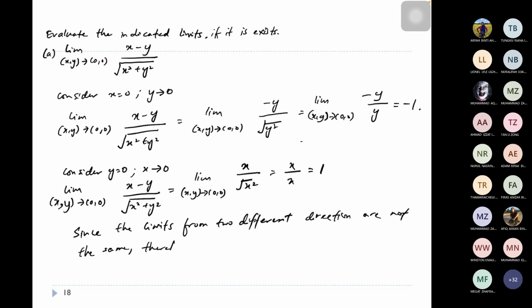Therefore, limit of X, Y approaches kosong kosong, X minus Y over square root of X squared plus Y squared does not exist. Okay. So that is how we prove that the limit is actually does not exist. Yup, ada soalan?